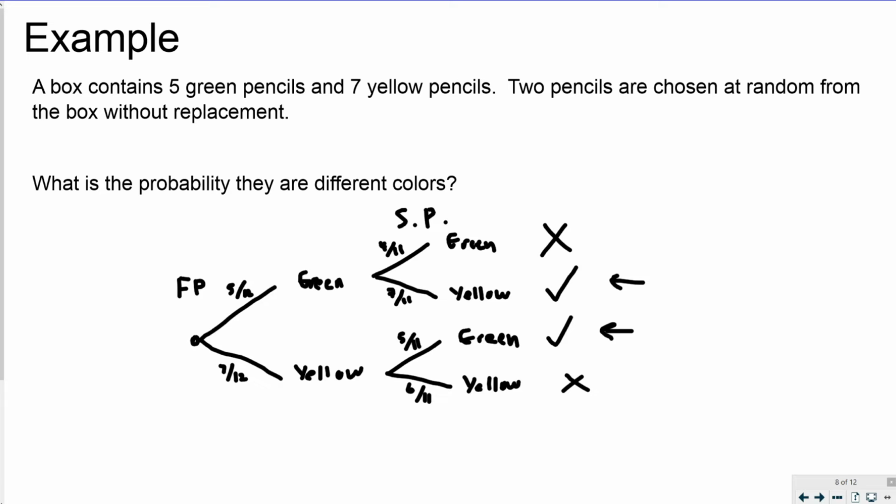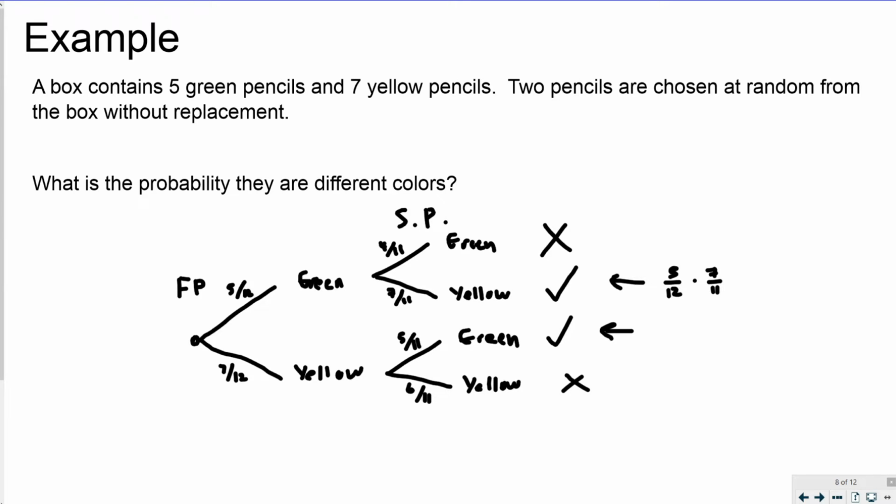So these are dependent events. If you watched the 6.8 video to calculate dependent probabilities, you need to multiply the events' probabilities by each other. So for the top one, for green to yellow, it will be 5/12 times 7/11.